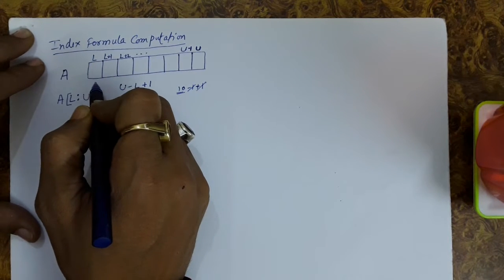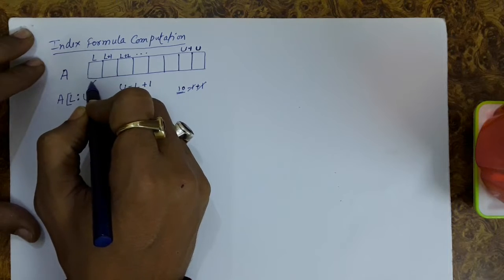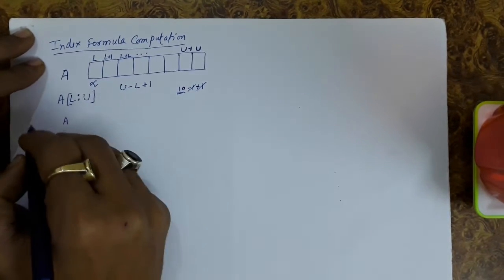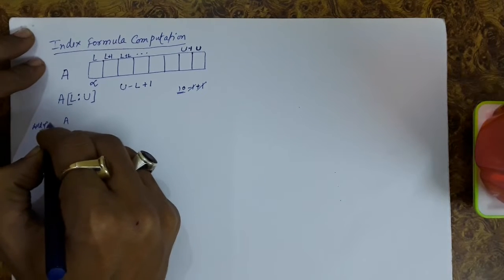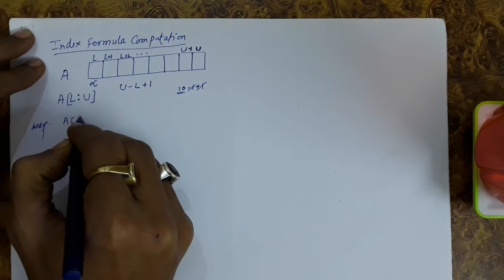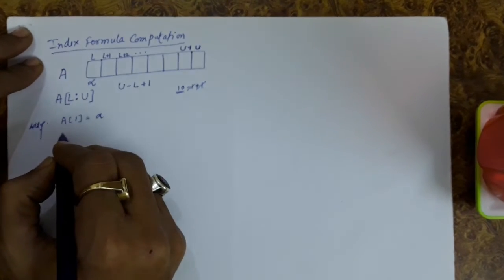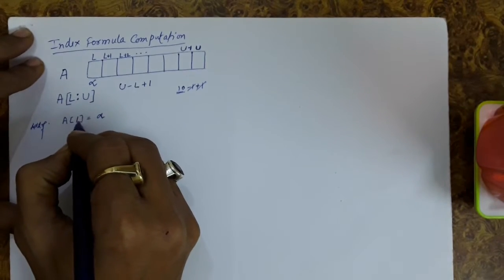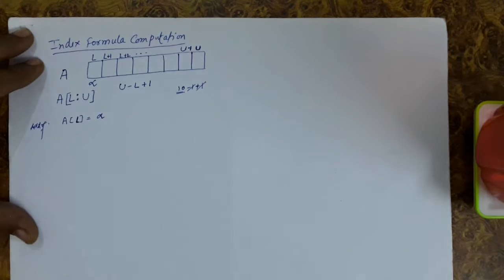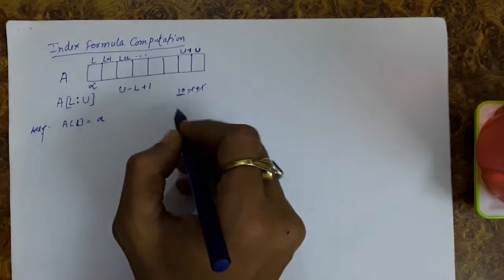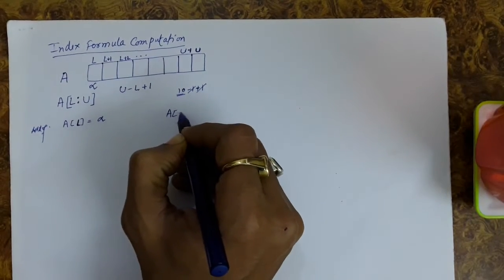Okay. Suppose we have some assumption. Let's say the address of the first element is alpha. It means the address of the A1 element is, let's say, alpha, or the AL element, in fact. Right? Now we are interested in finding out the address of some AI element.